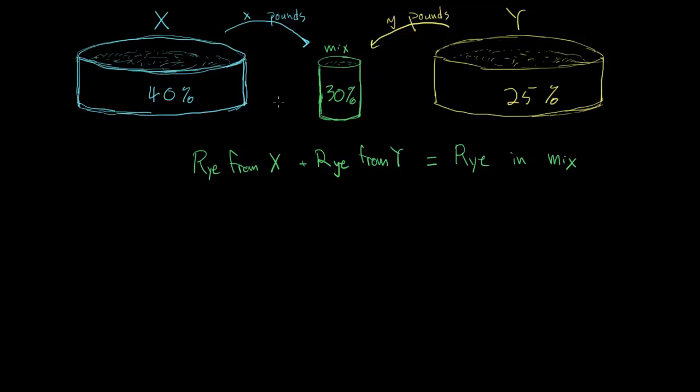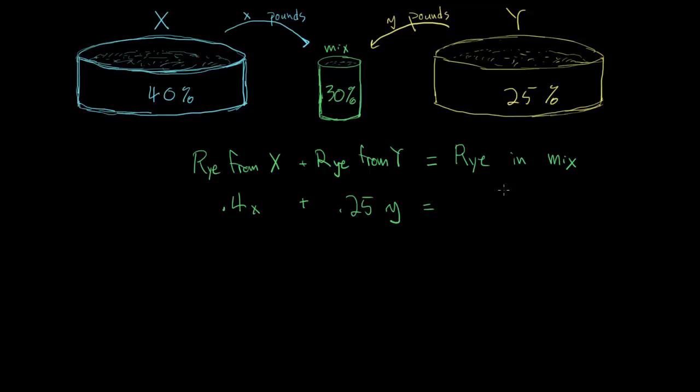So to get some numbers in there, for the rye from X, we took x pounds of stuff, and we know that 40% of that stuff is rye. So the rye from X, we can say, is 0.4 little x. And the rye from Y will be 0.25 of those y pounds that we put in.